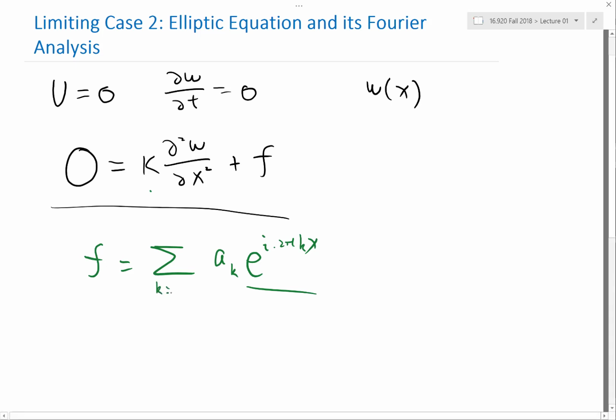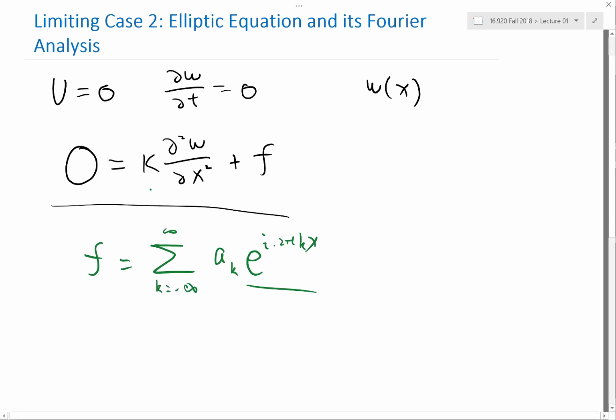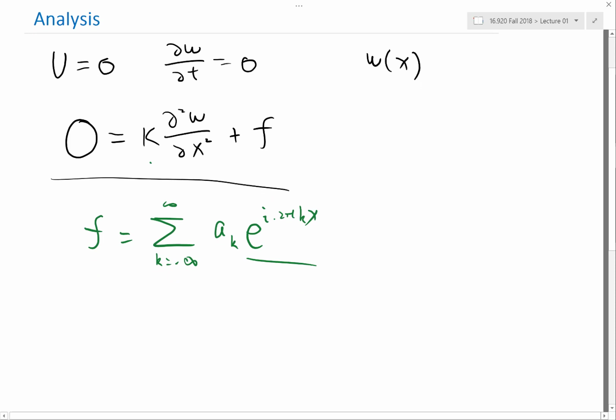And here k goes from minus infinity to infinity. Through Fourier analysis, you're going to say that w can be written exactly as the same thing, but with a_k divided by 2 pi k squared times e^{i 2 pi k x}.